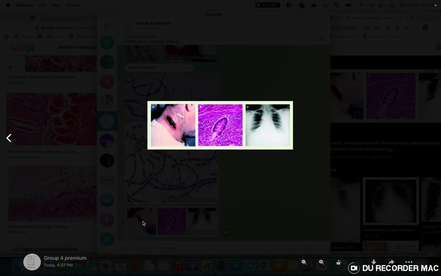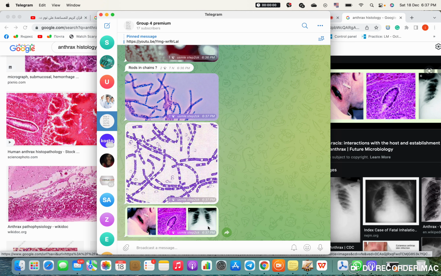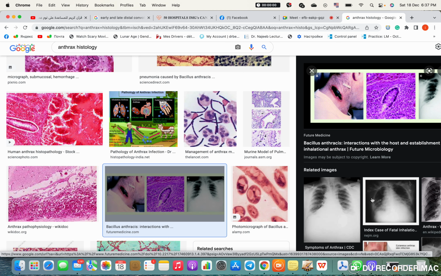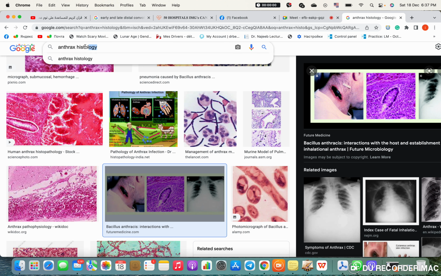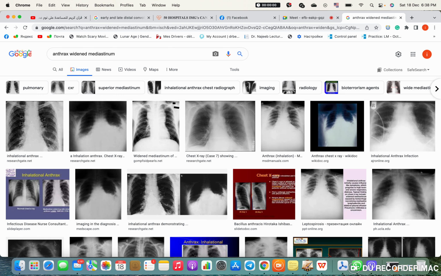If you see this guy on the left, you can see the necrotic infection, and you can see the red stuff. Now comes the logical question: what are they showing on the X-ray? Why is there an X-ray in a question about anthrax? Somebody is writing wide mediastinum. I agree, they have wide mediastinum, but why?